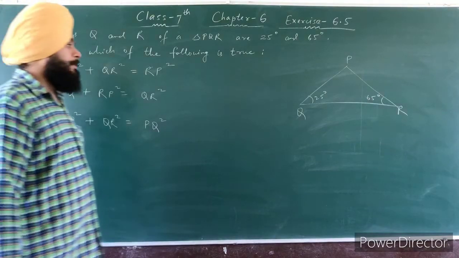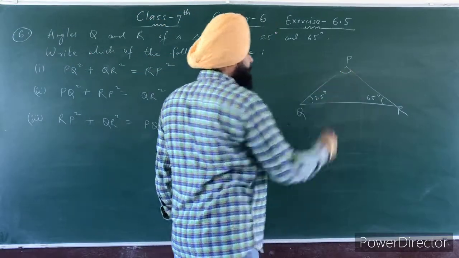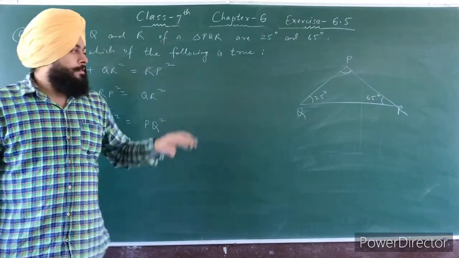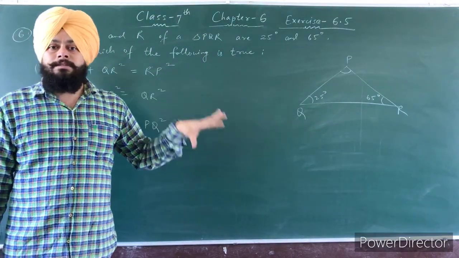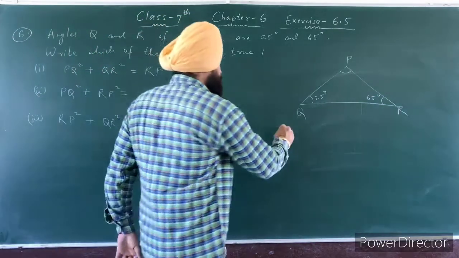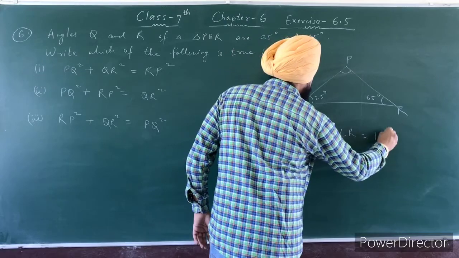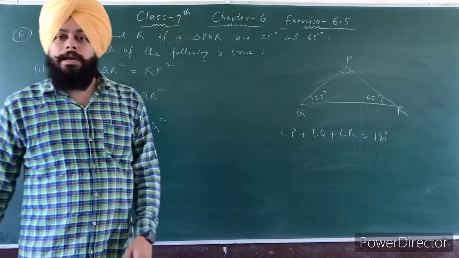Alright. So first we need to find this angle P. We know that by the angle sum property, the sum of all angles of a triangle is 180 degrees. So you can write here: angle P plus angle Q plus angle R is equal to 180 degrees.